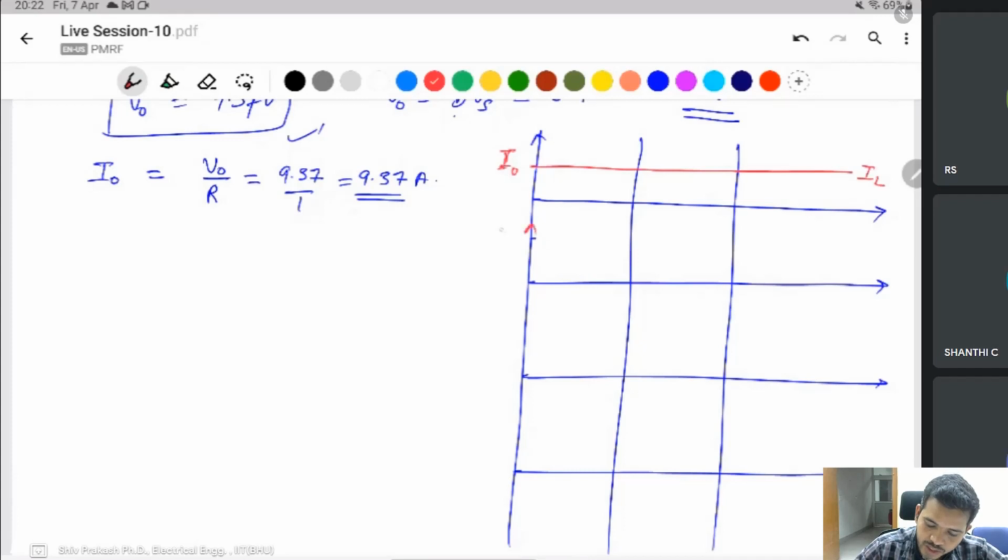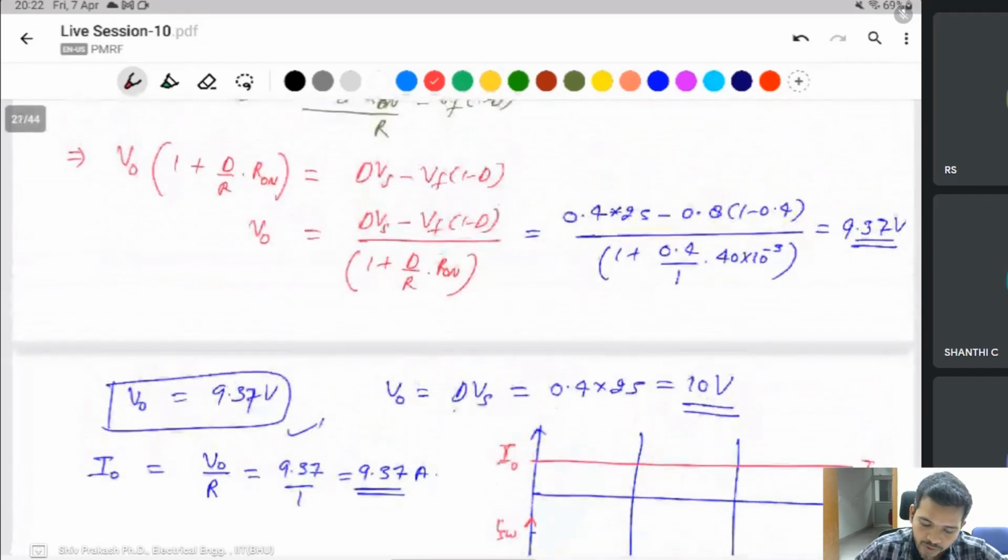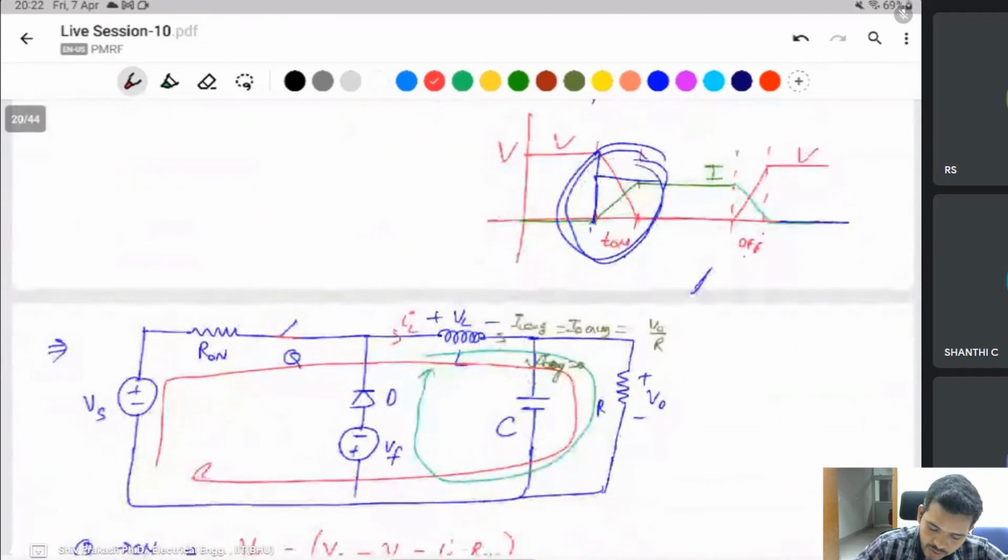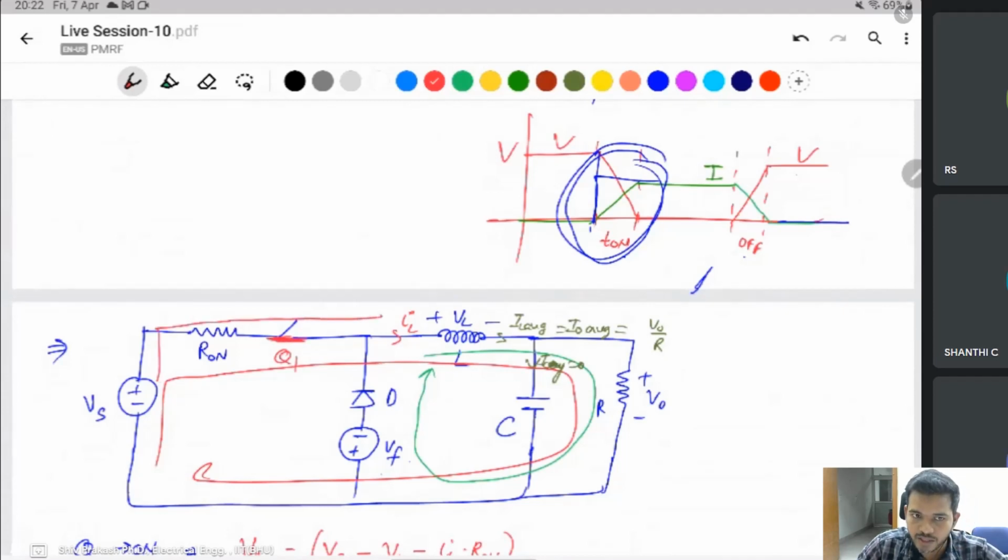Then what is the switch current? When the switch is on, the current IL flows through the switch. When the switch is closed, the same IL current flows through it, and when the switch is off, the switch current will be 0.